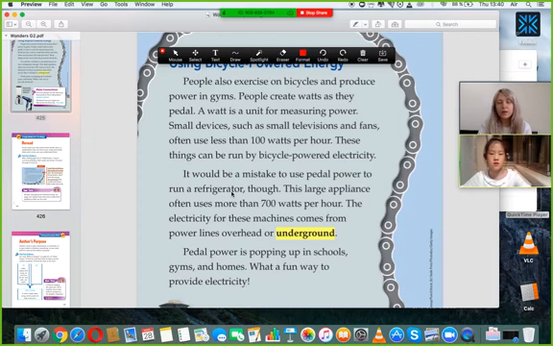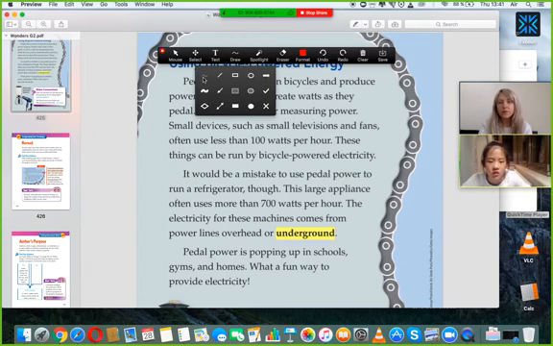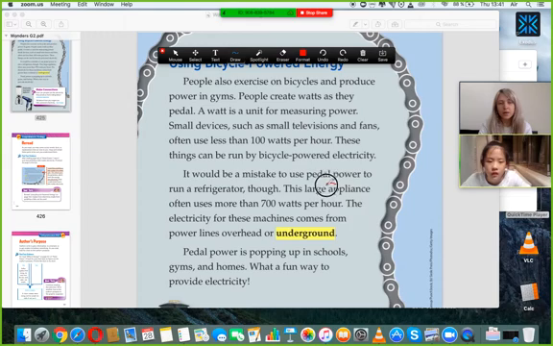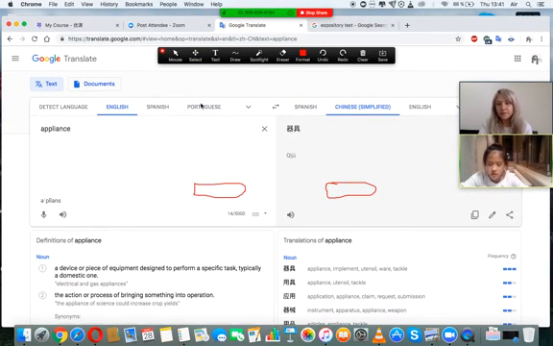So, what clue words can we find here? If we don't understand the meaning of this word, what can help us? Or a refrigerator, for example. So, let's see here. Appliance is, let's read.